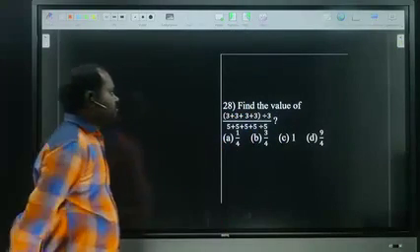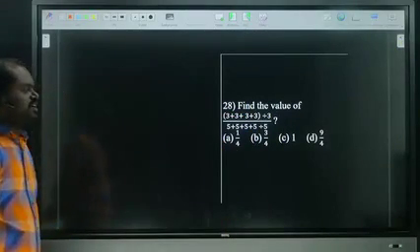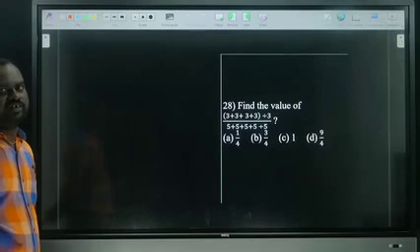Now try this. Find the value of (3 plus 3 plus 3 plus 3) divide by 3, 5 plus 5 plus 5 plus 3 divide by 5. Fast.